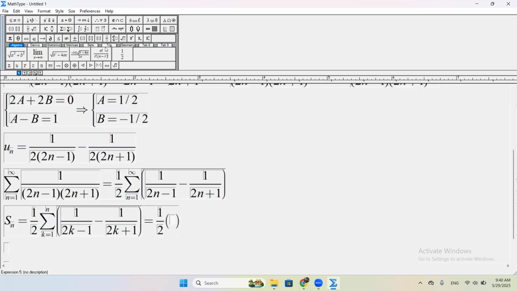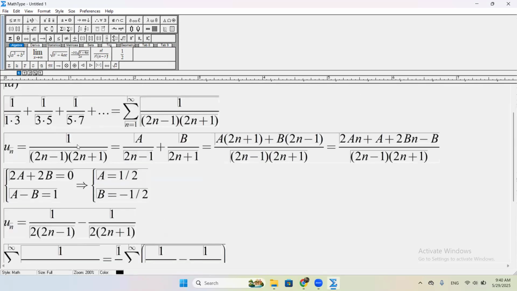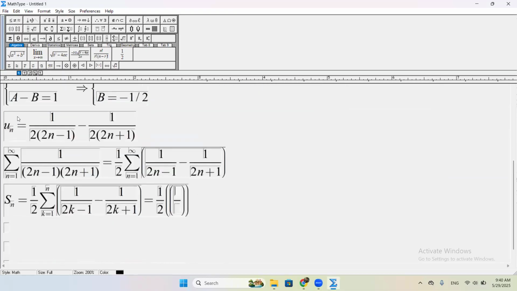So let's do it. For the first term, 1 over 1 minus 1 over 3 plus 1 over 3 minus 1 over 5 plus 1 over 5 minus 1 over 7.